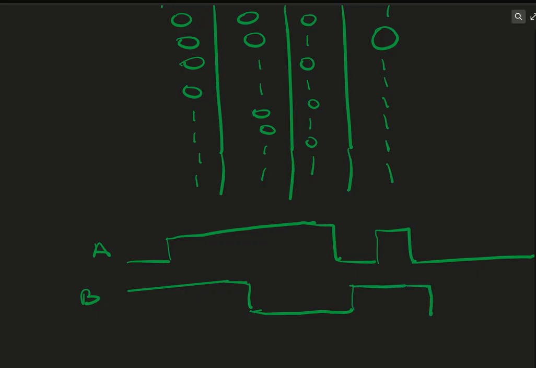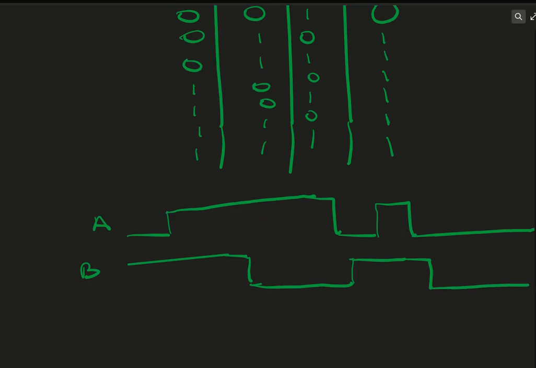B is 1, C. You have to be careful while dealing with this type of diagram because we have to make sure they align.